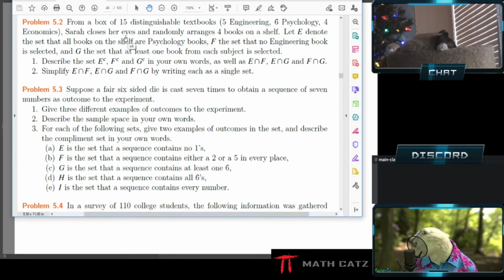Now, I'm not doing Venn diagrams here. I'm just thinking about what this set is really telling me or requiring. So I'm doing something practical, some experiment with a result. The result is I look at 4 books on the shelf. And then there are restrictions limiting the possibilities of that experiment. And I have a restriction E, I have a restriction F, I have a restriction G. So initially, in the mathematical sense, sets are a little more abstract.